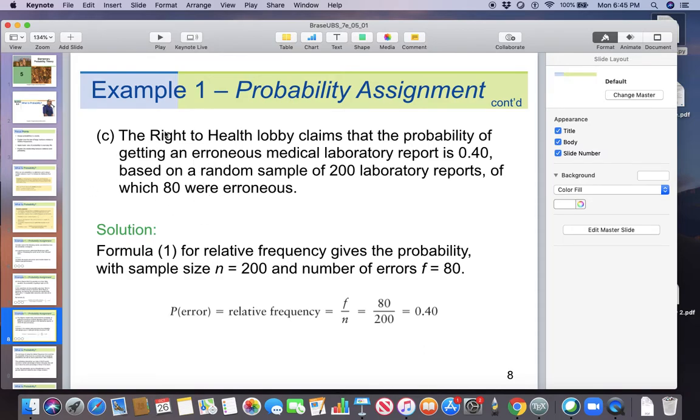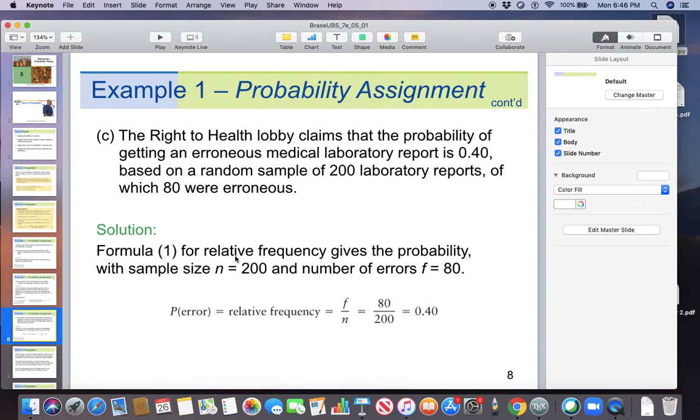Here is yet another example. The Right to Health lobby claims that the probability of getting an erroneous, meaning incorrect, medical lab report is 0.40, based on a random sample of 200 laboratory reports, of which 80 were erroneous. 80 out of 200 were erroneous.